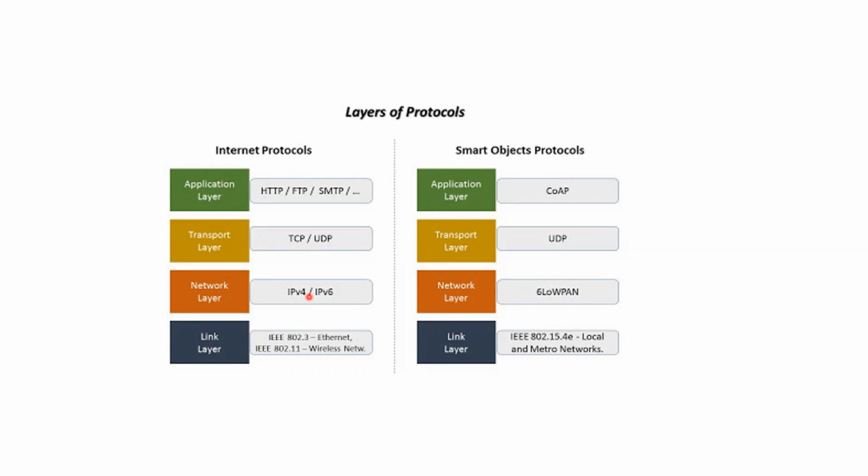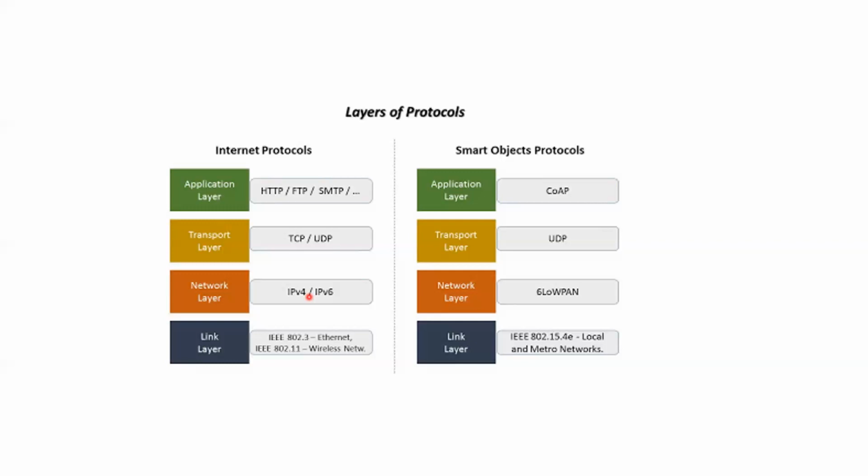The meaning of 6 is IPv6, low means low power, and PAN means personal area network. So this is basically designed for low power devices. Devices with low processing and communication capabilities use this type of protocol in the network layer.